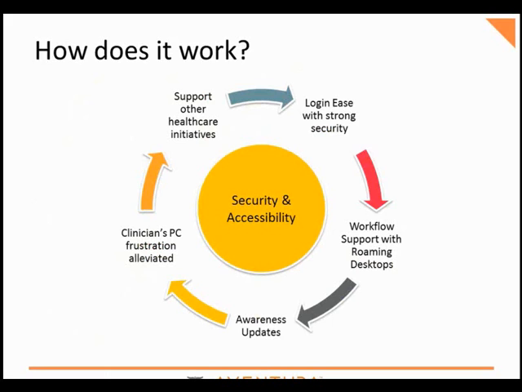And ultimately, there's a lot at stake with respect to supporting other healthcare initiatives, with things coming down the pike like analytics and things that truly begin to impact care at both the patient level, but also at the systematic level. Population health and all these things that are right on our horizon, they all depend on the person using the computer in the first place.